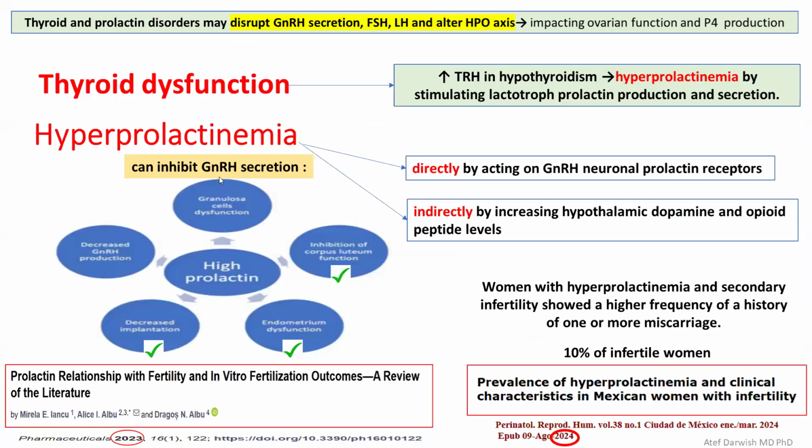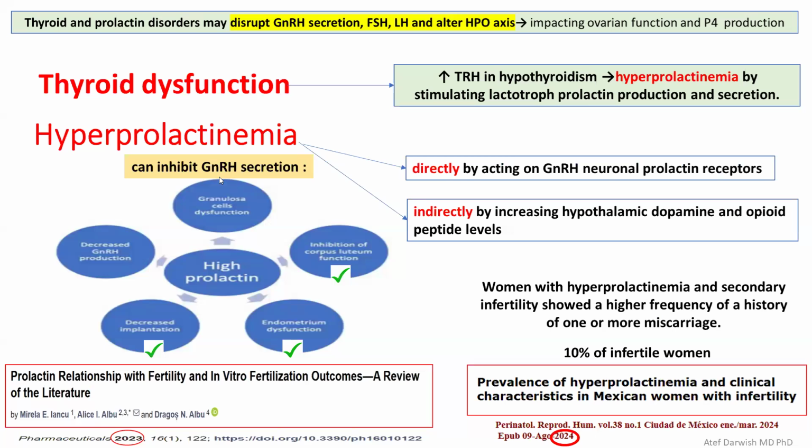If we look at thyroid dysfunction and hyperprolactinemia, they can inhibit GnRH release or secretion, and in this way lead to decreased progesterone secretion. Thyroid dysfunction can lead to increased TSH and hypothyroidism, and this leads to hyperprolactinemia.